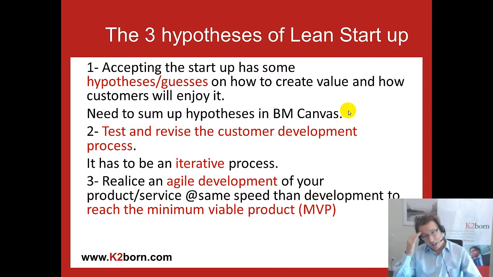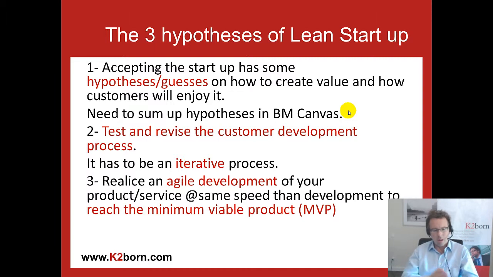I say, well, I think that I've got a suitable product or service that can generate value, and customers will enjoy it for alpha, beta, and omega. You test it on the market because you're not going to spend years designing it. Well, if there's no other option, maybe you will be forced to. But most of the time, you try to go as fast as possible to go-to-market. You will check out different hypotheses through the business model canvas. You check these hypotheses, and by testing them, you revise them all the time.